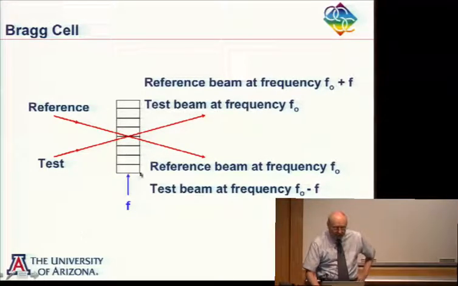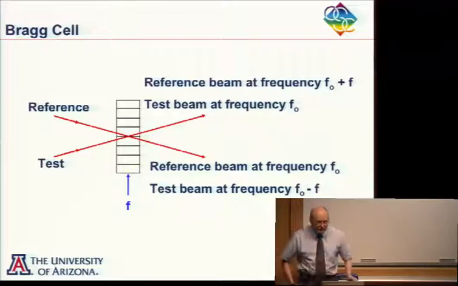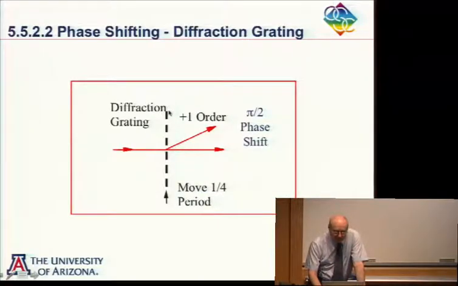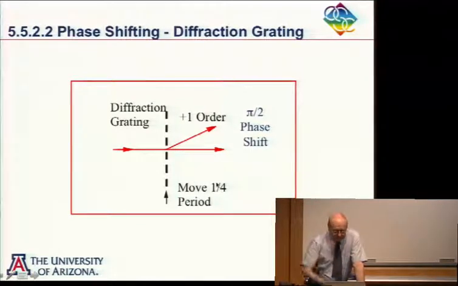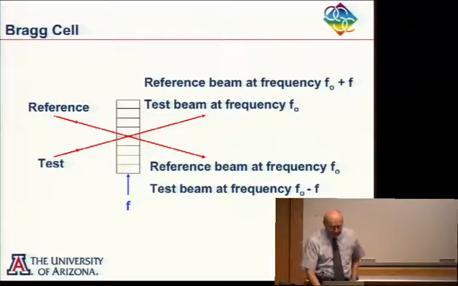So this would be my favorite way of putting in the Bragg cell or putting in the diffraction grating. The nice thing about going back here to our diffraction grating, a problem. Well, no, I won't. I'm not going to talk about that. I'll talk about that later, I guess. I'm not ready to talk about it yet.